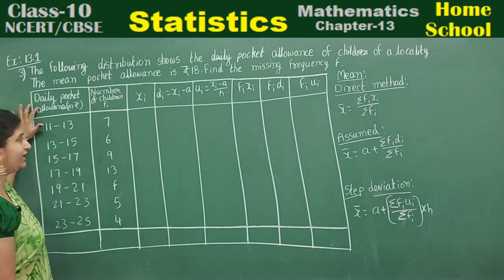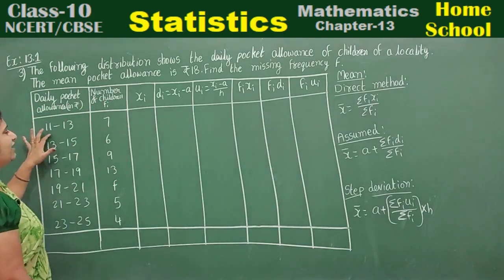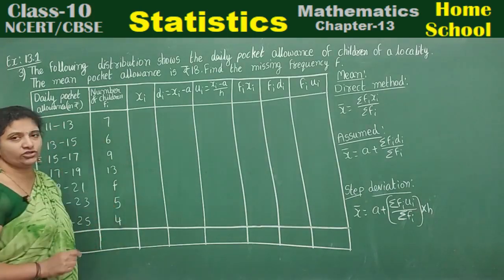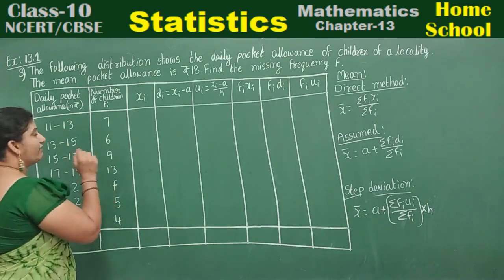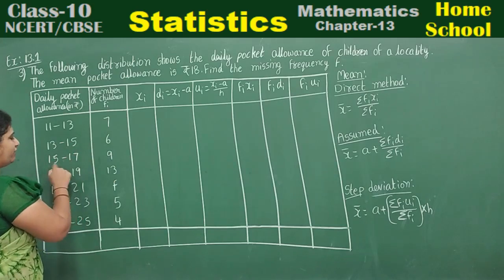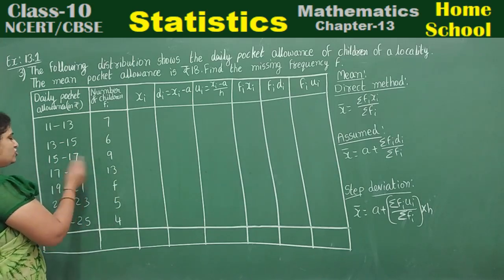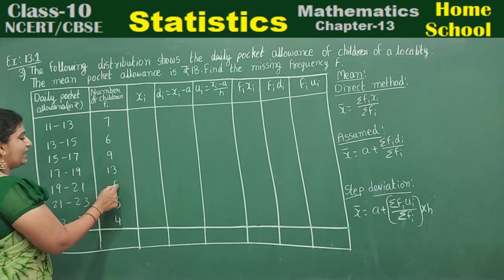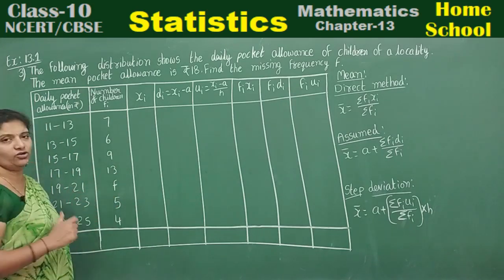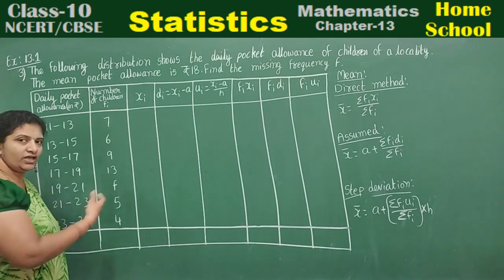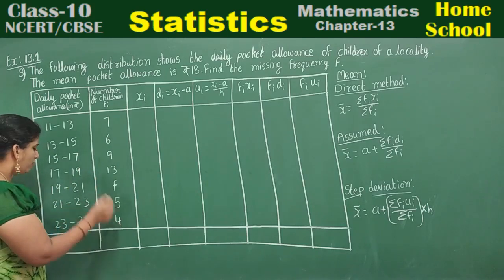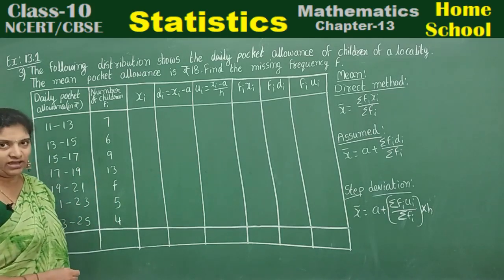First column, write daily pocket allowance in rupees. 11 to 13 rupees, how many will have? 7 children have a pocket allowance of 11 to 13 rupees, 6 children 13 to 15, 9 children 15 to 17 rupees, 13 children 17 to 19 rupees, and how many children have a pocket allowance of 19 to 21 rupees is missing. We need to calculate this frequency. 5 children 21 to 23 rupees, 4 children 23 to 25 rupees.